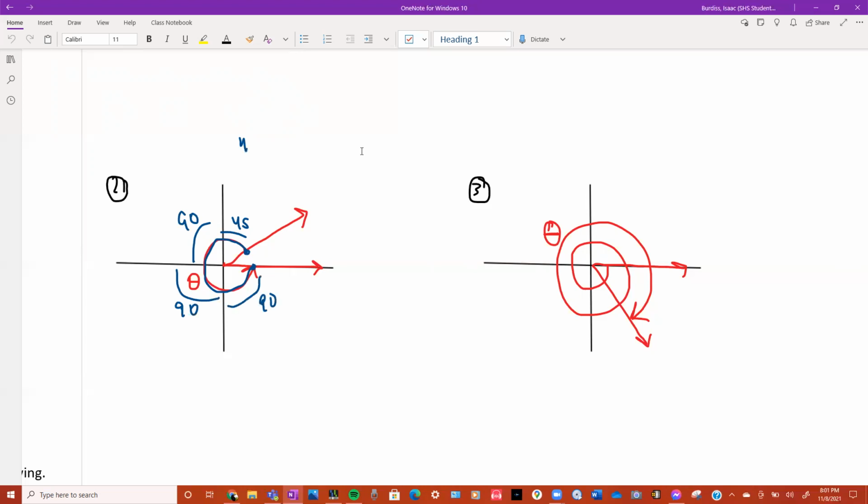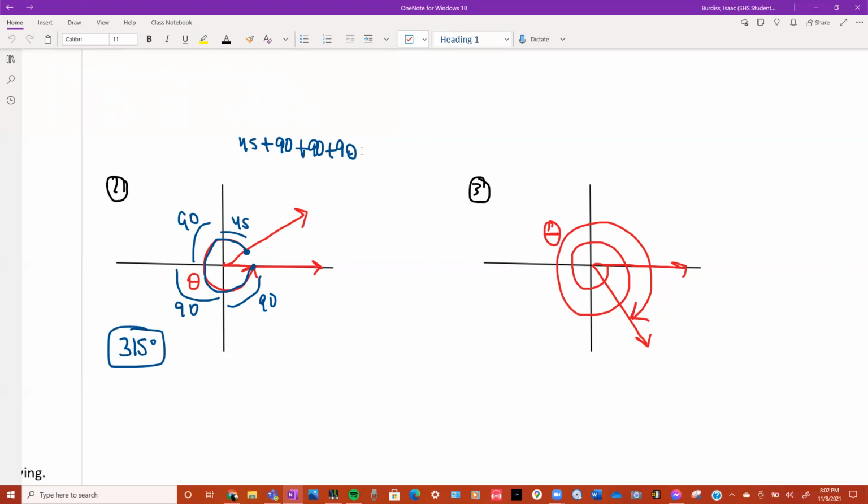So we have 45 plus 90 plus 90 plus 90. That is almost a 360-degree angle, because it goes almost all the way around. So 45 plus 90 plus 90 plus 90 is 315. And since it's counterclockwise, that's positive 315 degrees.